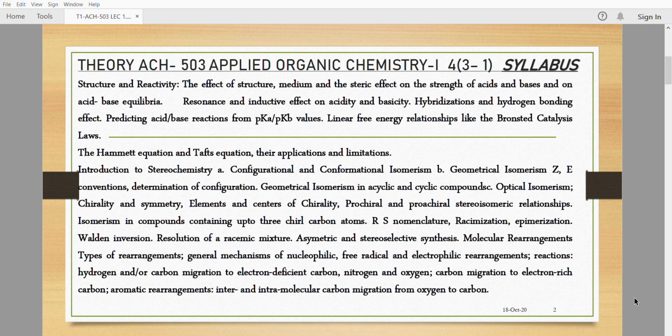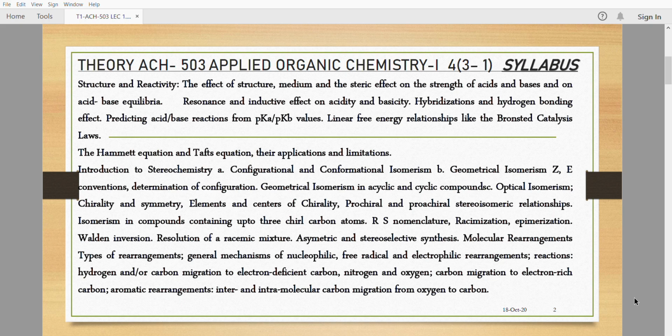So some mathematical approaches will also be discussed during your structure and reactivity topic, like pKa, pH, linear free energy relationships, like the Bronsted catalysis laws, Hammett equation, Taft equation, and applications and limitations will also be discussed.